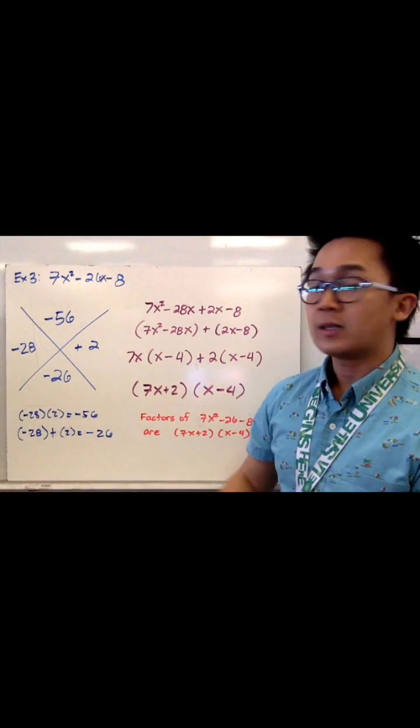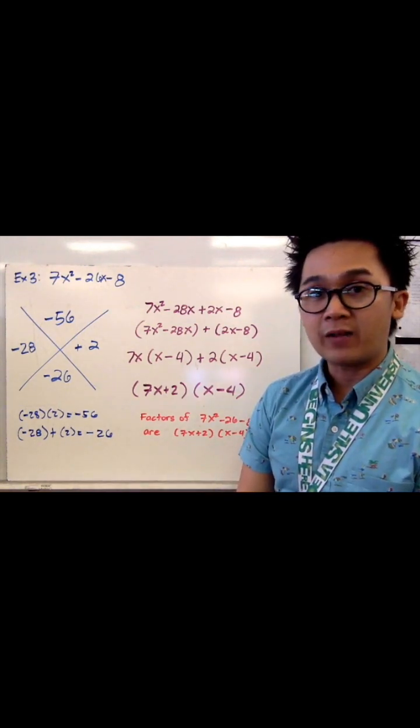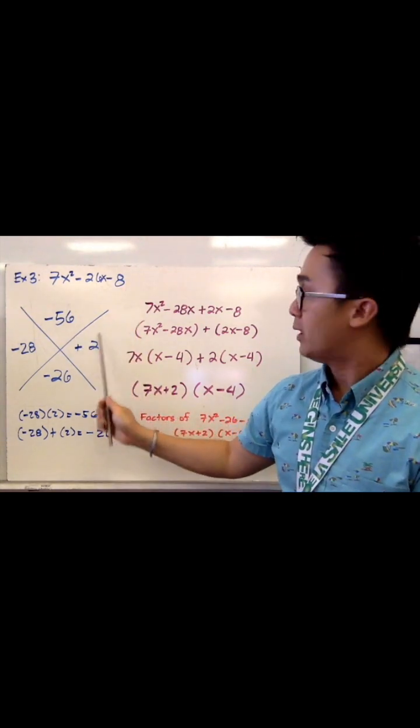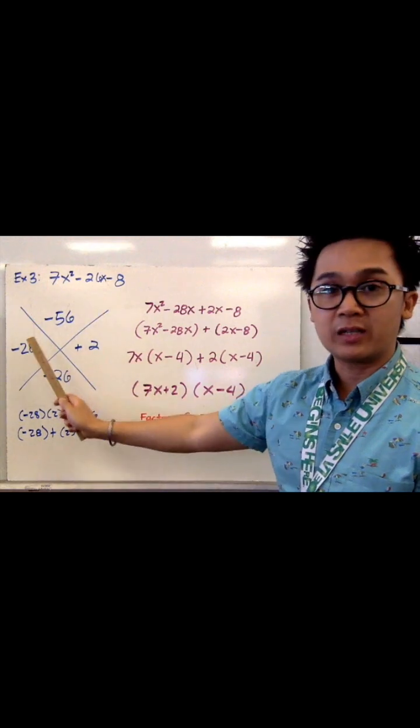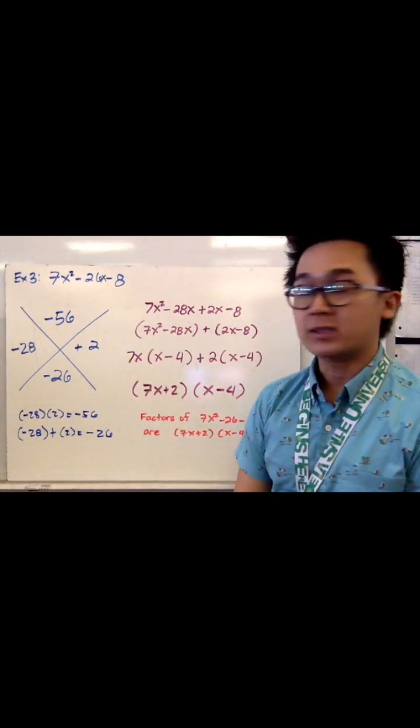Now once again, sometimes it takes a while to find the factors, so be patient in finding the numbers that we're looking for just to complete the puzzle that will help us factor 7x squared minus 26x minus 8.